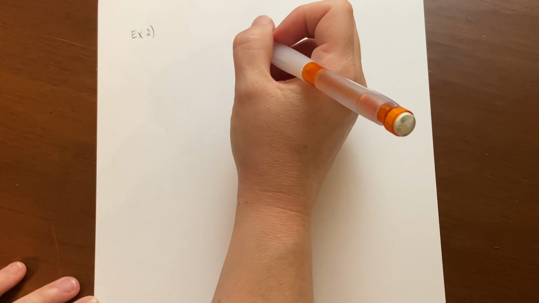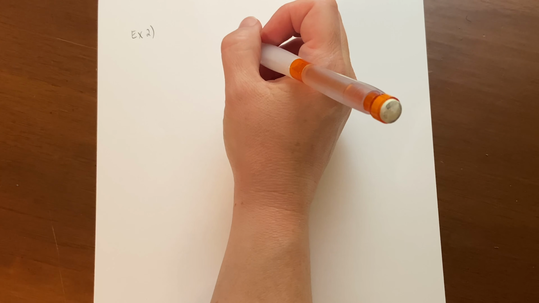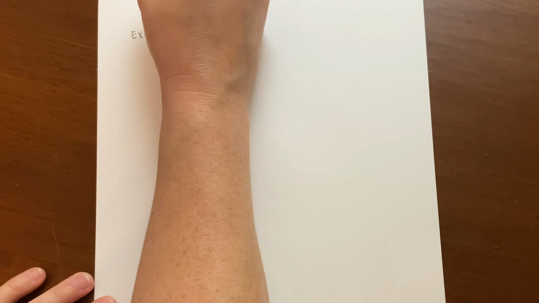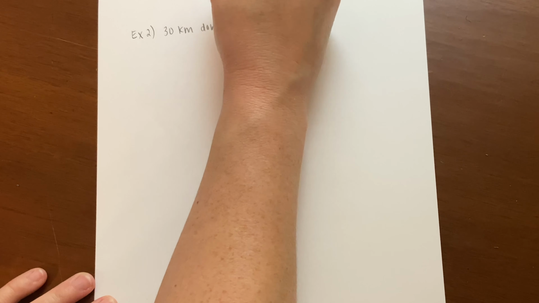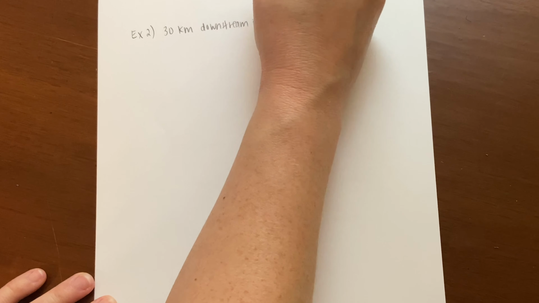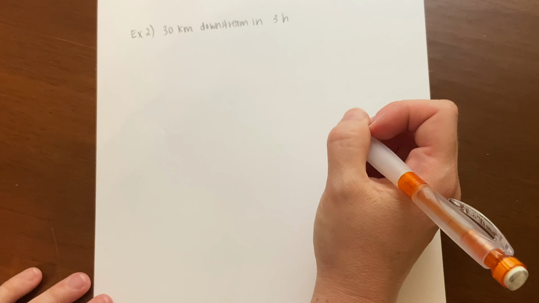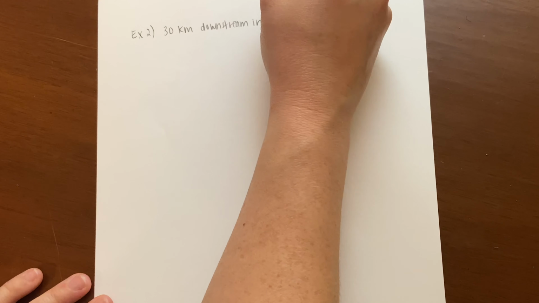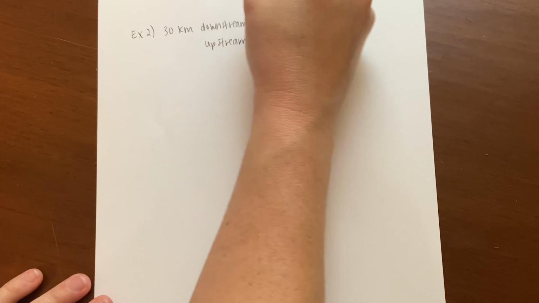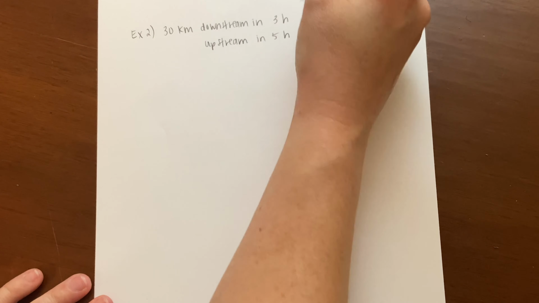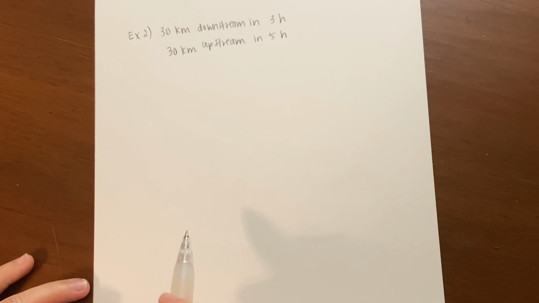So for this one, Jim can row a boat 30 kilometers downstream in 3 hours. I'm going to make some notes this time. 30 kilometers downstream in 3 hours. But it takes him 5 hours to return. So if he's returning, then he's going upstream in 5 hours, and he's returning to where he started, so he's still going 30 kilometers.